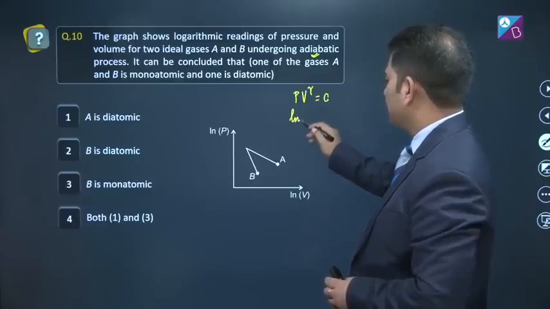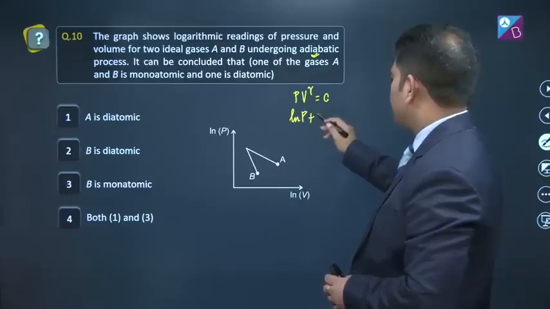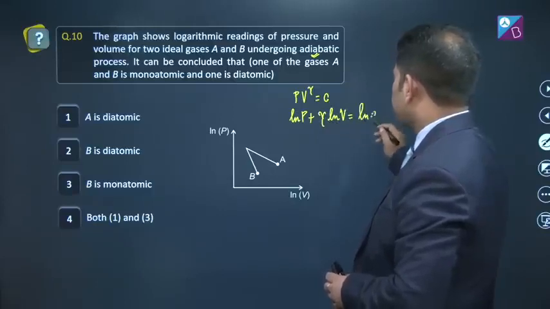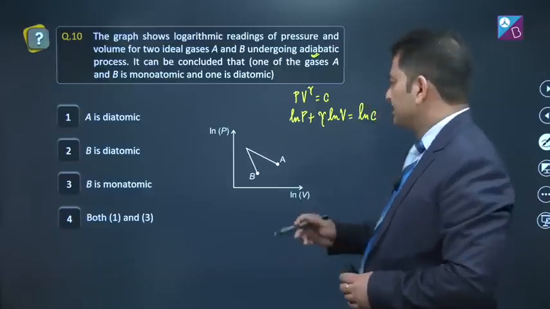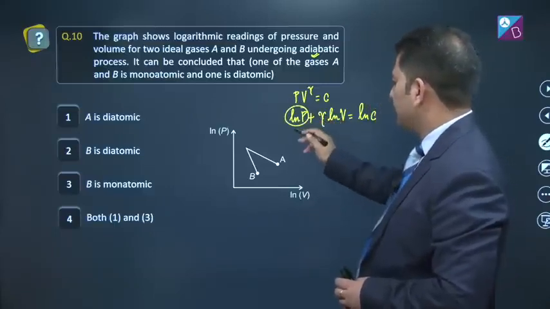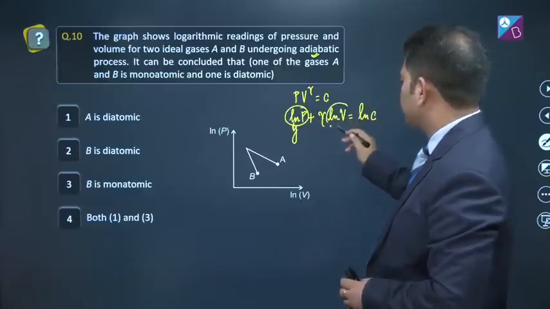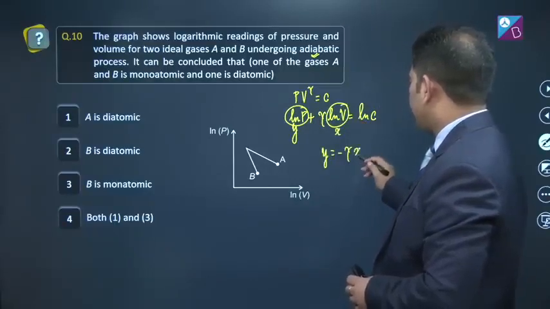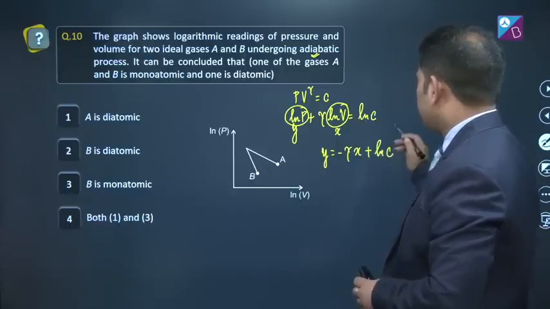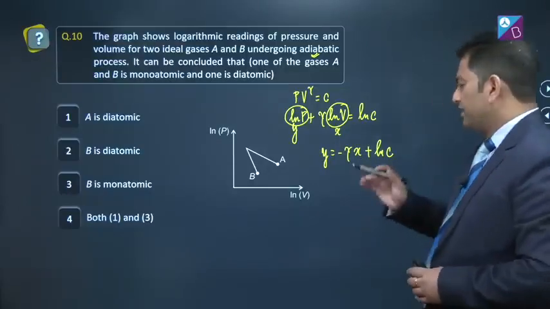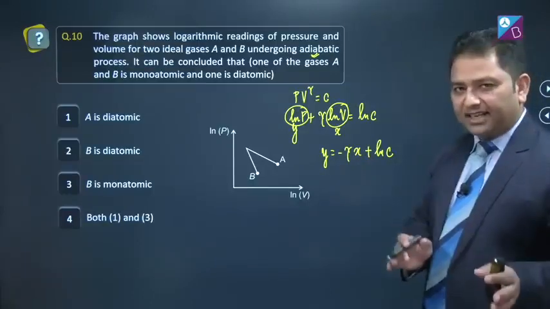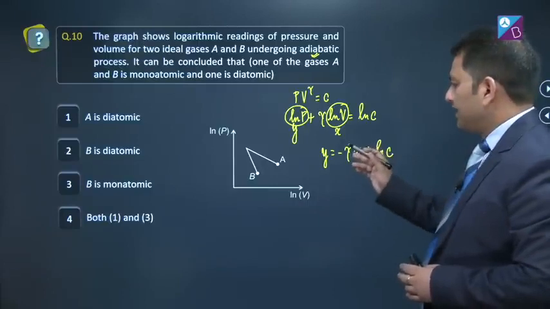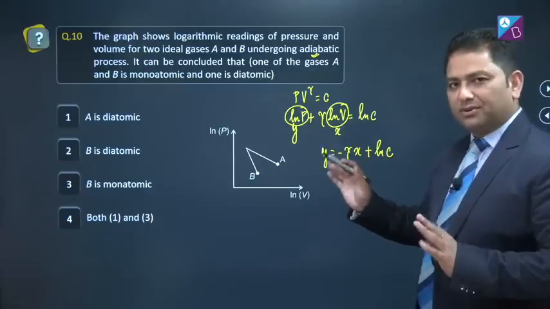If I take natural log, ln P plus gamma ln V will be ln constant. Simple thing, this is on the y-axis and this is on the x-axis. So y equals minus gamma x plus a constant. Now straightforward, the graph is a straight line, in the form y equals minus mx plus c, the slope is negative, that means the graph is falling, absolutely right.